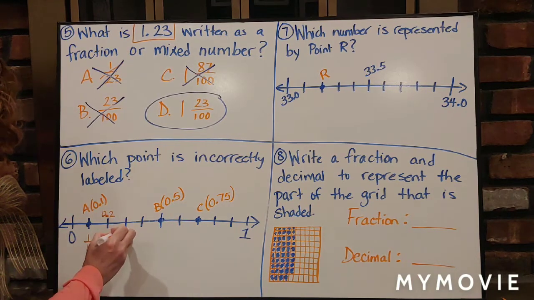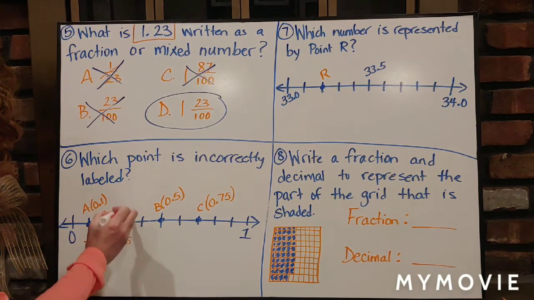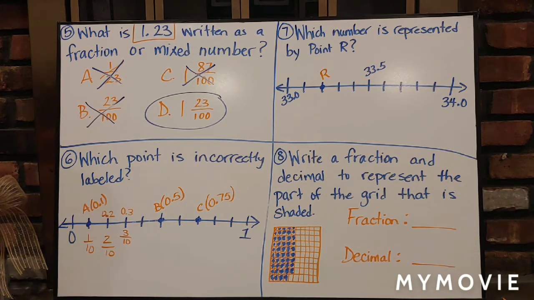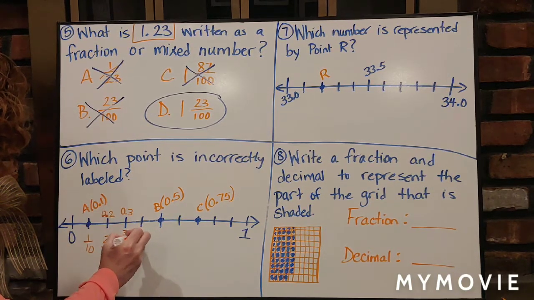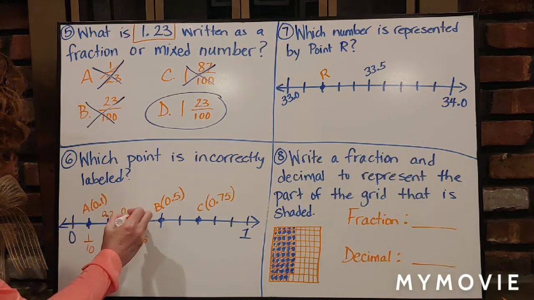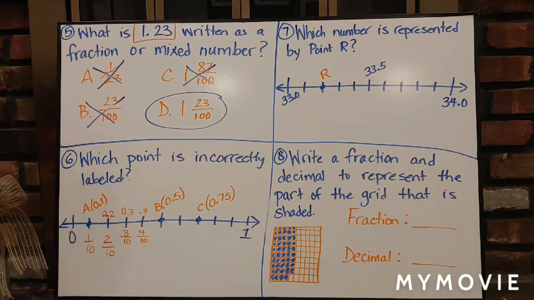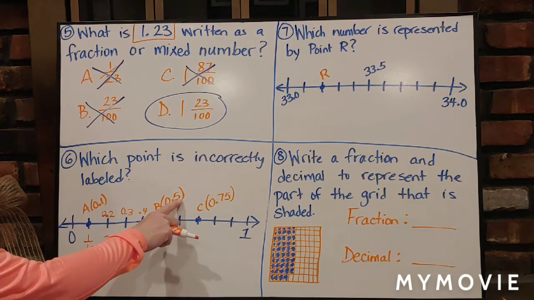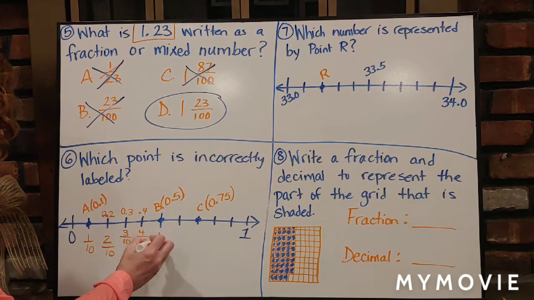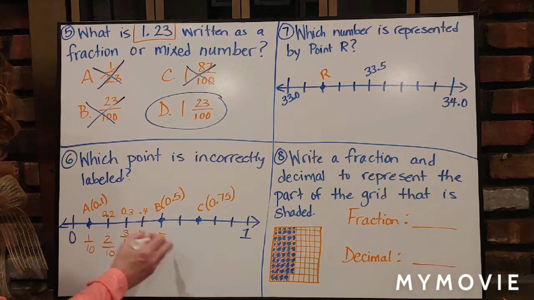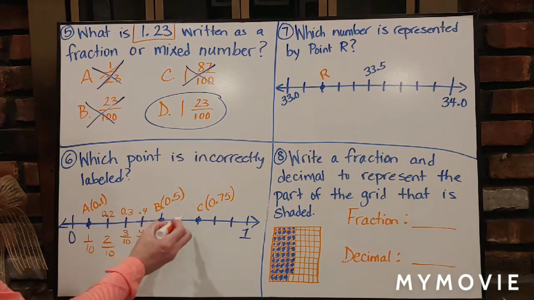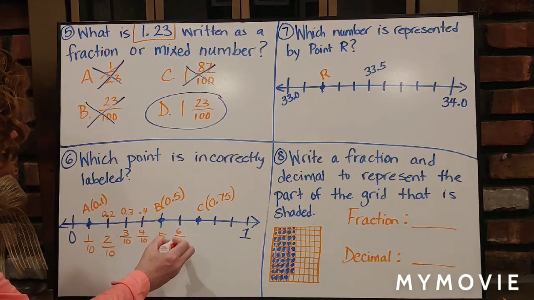All right, so this would be 3/10. 3/10. This would be 4/10. 0.4. So now they have this one labeled. B is 5/10. Is that correct? Yes, it is, because look. 1/10, 2/10, 3/10, 4/10, 5/10. Correct. So this would be 6/10.